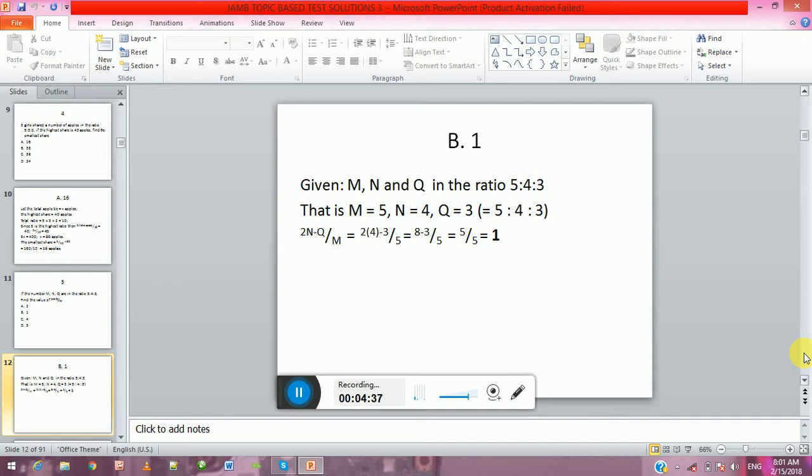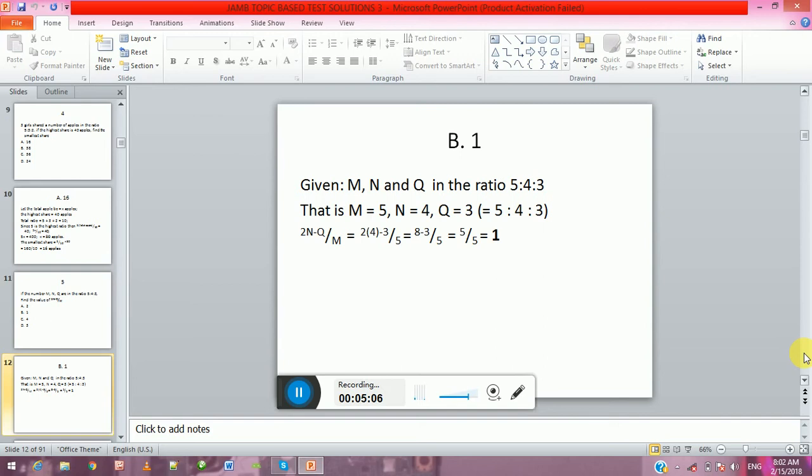Given m, n, and q in the ratio 5:4:3. That is, m is equal to 5, n is equal to 4, and q is equal to 3, which is what is given in the ratio. Now, 2 times n, which is 4, will be 2 times 4 minus 3, representing q, all over m, which is represented by 5.